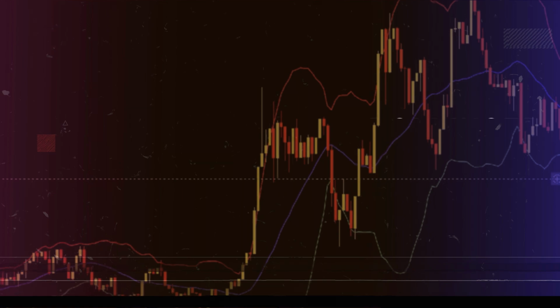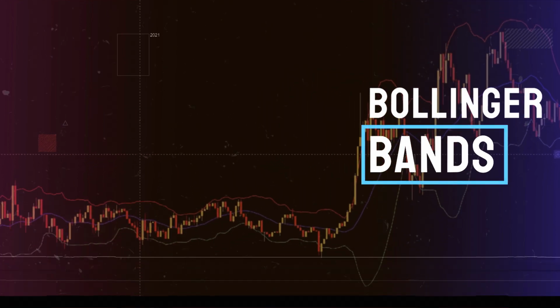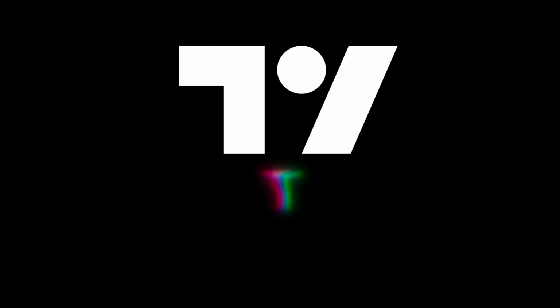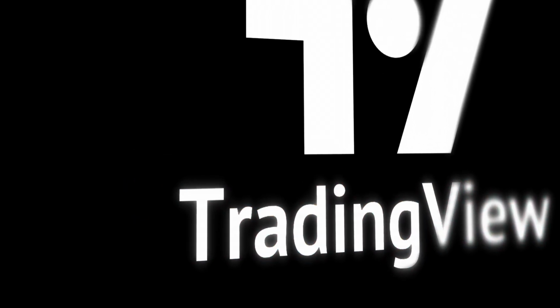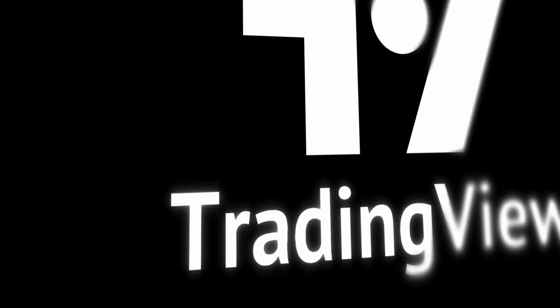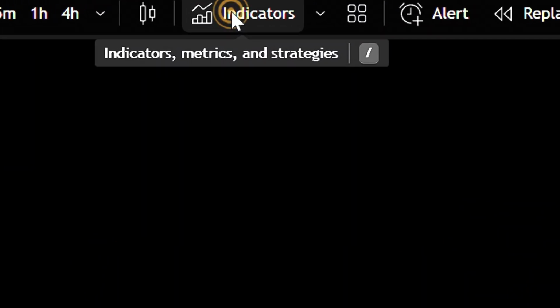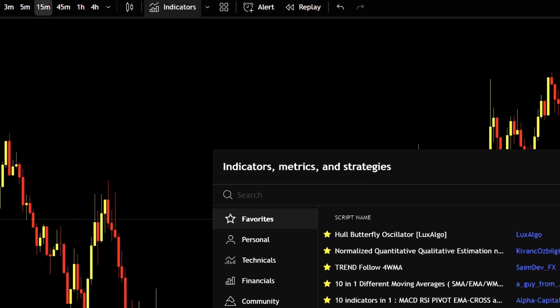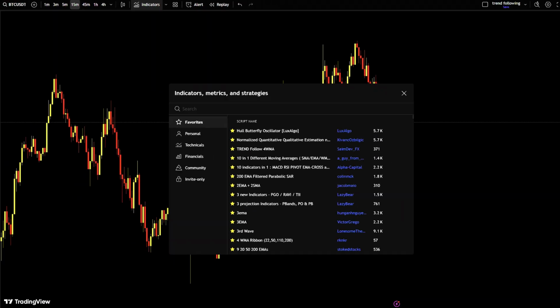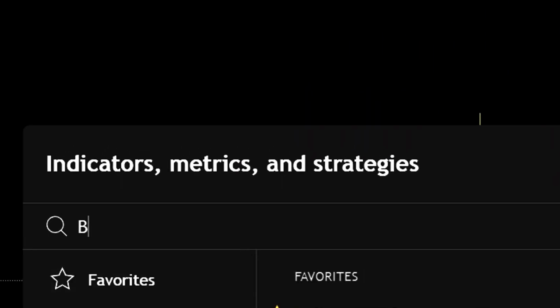Let's build it. Okay, so the first tool you're gonna grab is the classic Bollinger Bands. If you're on TradingView or something similar, you just go to the indicators, type it in and pop it on your chart.